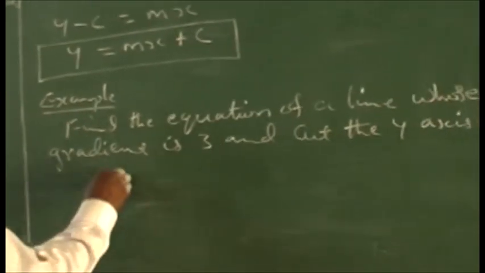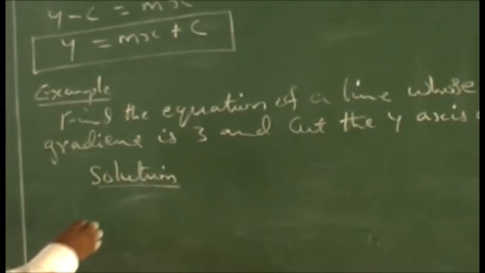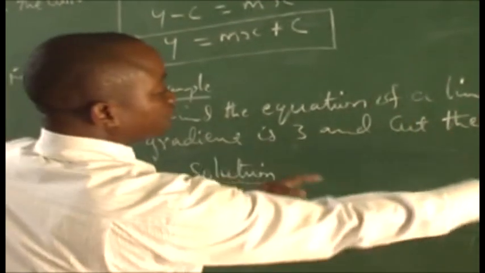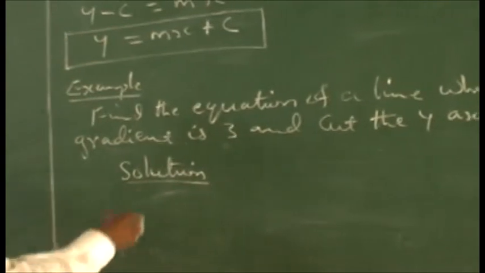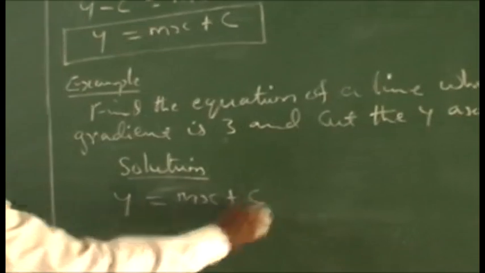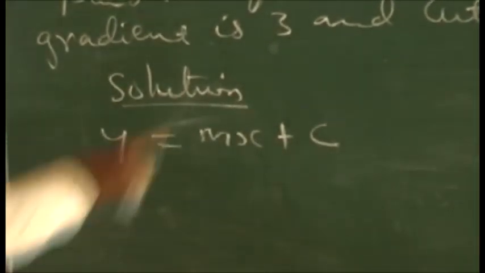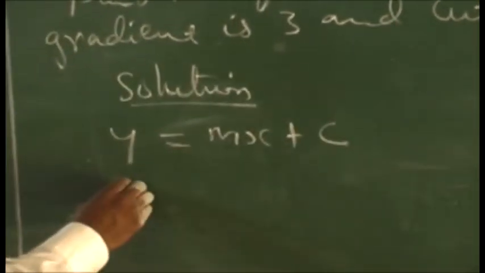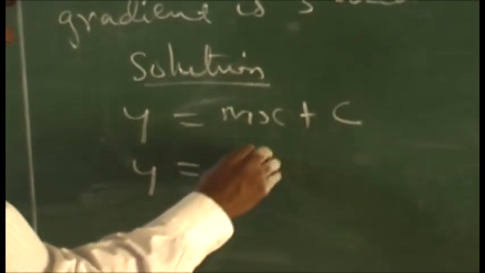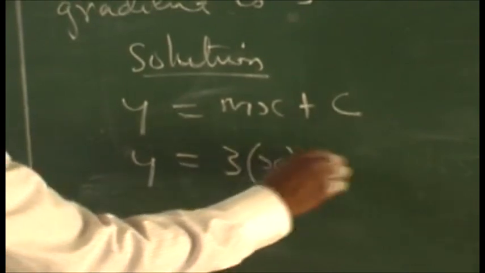So the solution will be, I will know that equation of a line in gradient and intercept, that is the two things that are given to me here, is given as y is equal to mx plus c. So substituting these values, your gradient is 3, the intercept is 5, then we have y is equal to 3, 3 taking the place of m, x plus c.